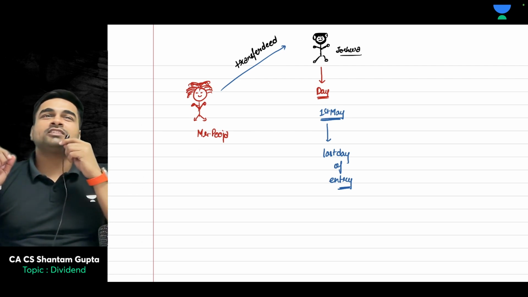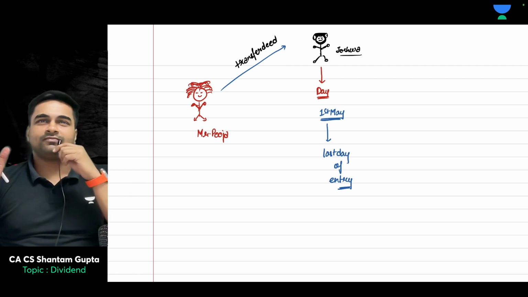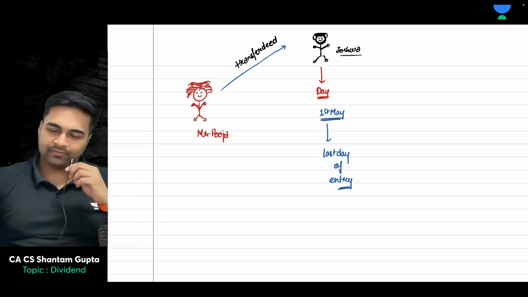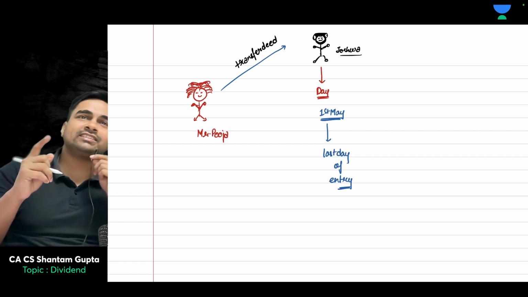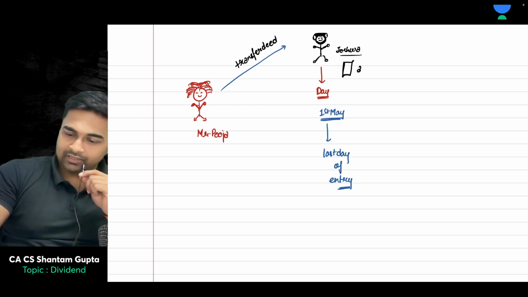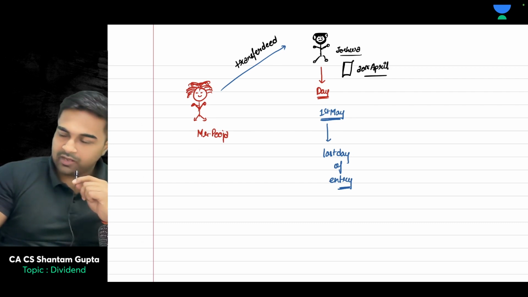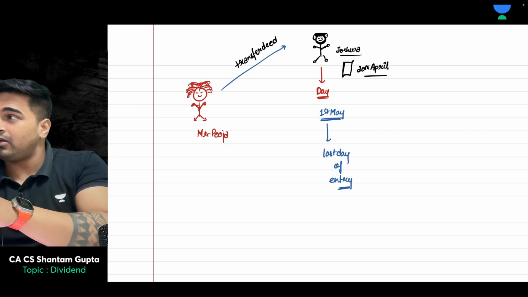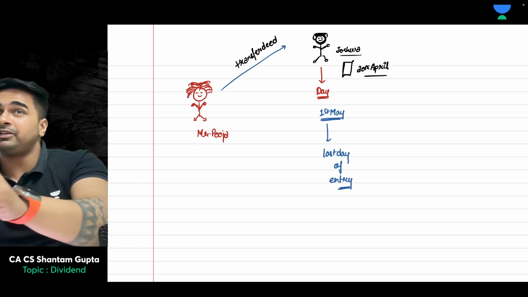Okay, so the transfer deed is in favor of Joshua. Understand this, guys. The transfer deed is deposited to the company on 30th April, and one day after the company is closing its book.